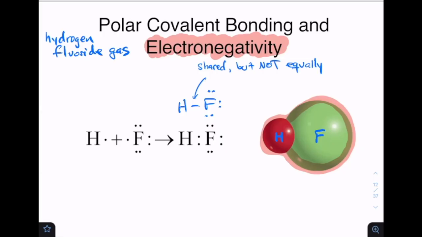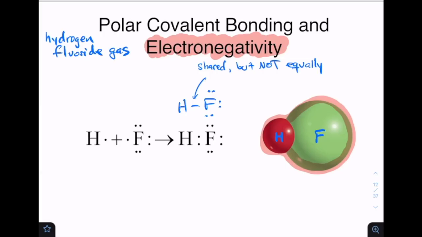The attractive force that those valence electrons see coming from the nucleus. The same is going to be true for the shared electrons. They're going to see a stronger effective nuclear charge coming from the fluorine nucleus than they are from the hydrogen nucleus. So they're going to be more attracted to the fluorine. That's what electronegativity is really telling us.